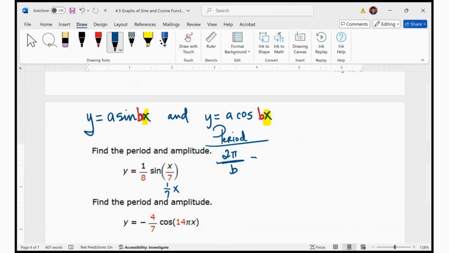So 2 pi over what? 1 over 7. How do we work this out? We've got a fraction again.